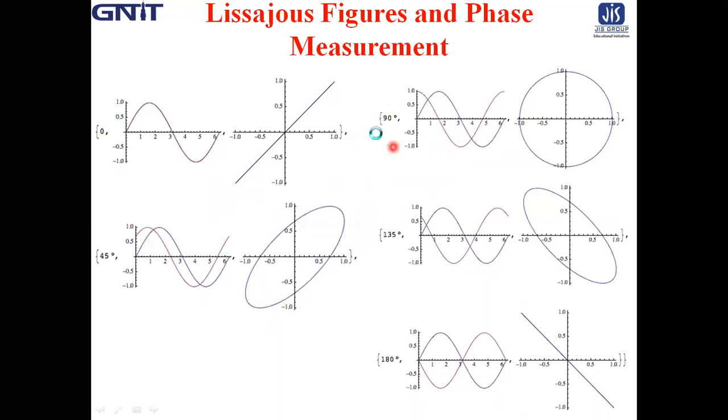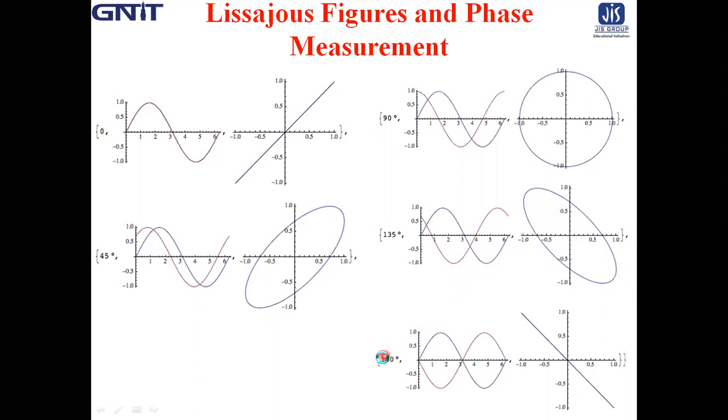And if they are at 90 degrees, then it forms a circle. If they are at 135 degrees, and Vx is not equal to Vy, then this is actually a negative ellipse, whereas at 45 degrees it is a positive ellipse.